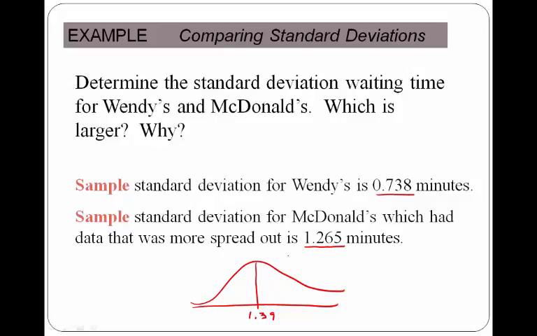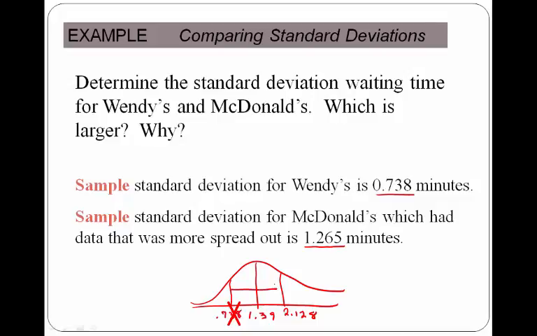That if we go out one standard deviation above the mean for Wendy's, that gets us to a wait time of 2.128. And if we go to the left one standard deviation, that drops the wait time to 0.652.